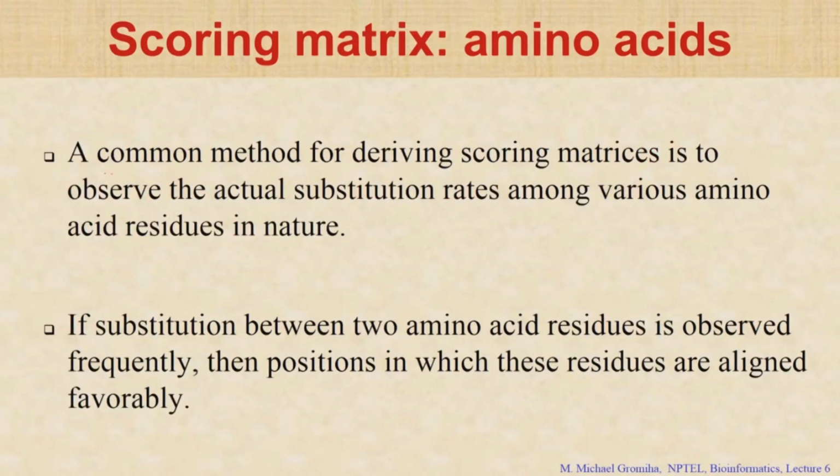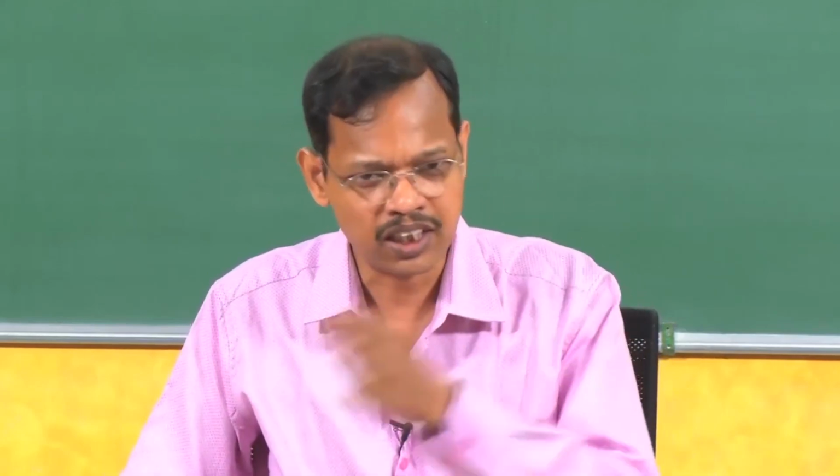So, you can align with the hydrophobicity, with the size, with the charge, or with the number of changes in the codon. But the common method to derive the scoring matrices is to check the actual substitution rates. For example, I showed my hemoglobin sequences: take the actual sequences, align them, and see the actual rate, how many times alanine is mutated to valine, how many times alanine is mutated to aspartic acid.